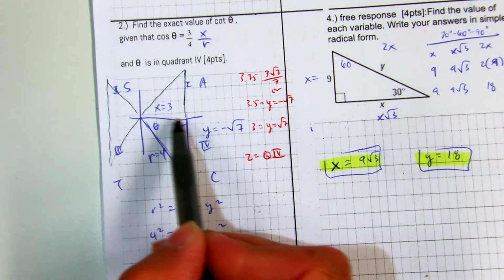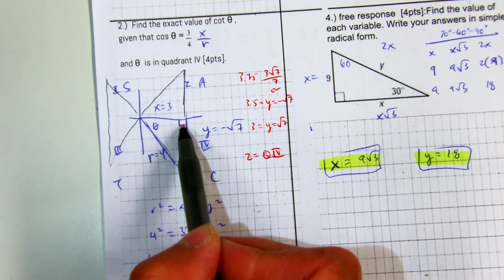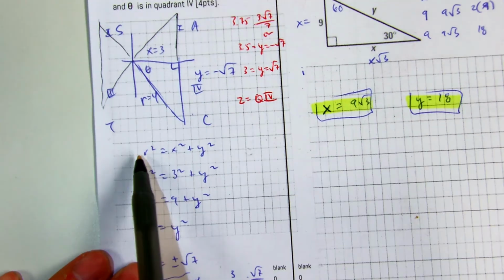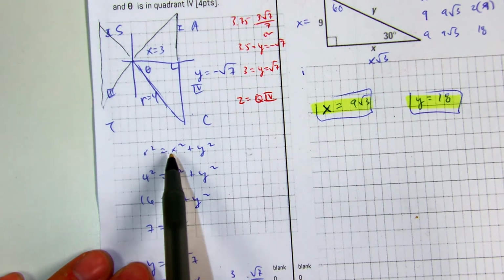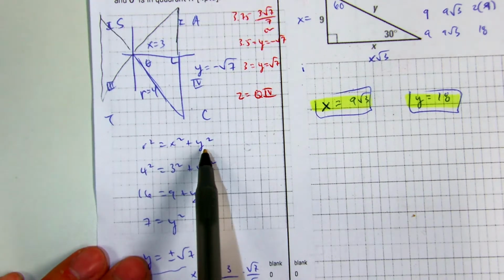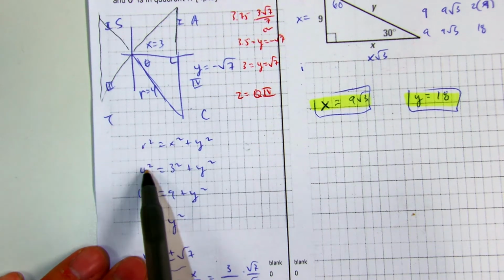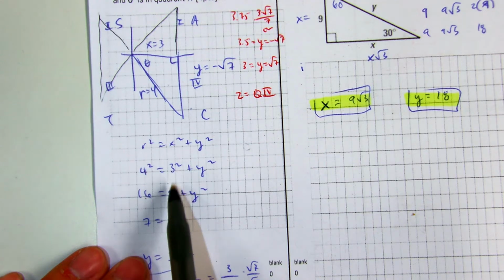Because I have two sides of a right triangle, I'm going to have to use the Pythagorean theorem. r squared equals x squared plus y squared. Your r value is 4, and your x value is 3. So 4 squared is 16, 3 squared is 9. I'm going to subtract 9 from both sides.